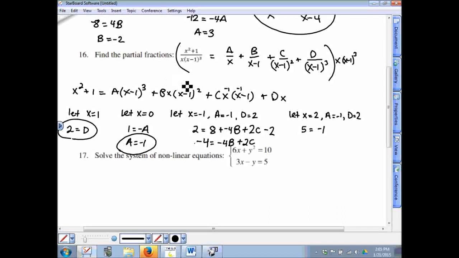We don't know b, but we're letting x equal 2. 2 minus 1 is 1. 1 squared is 1. 1 times 2 is 2. 2 times b is 2b.